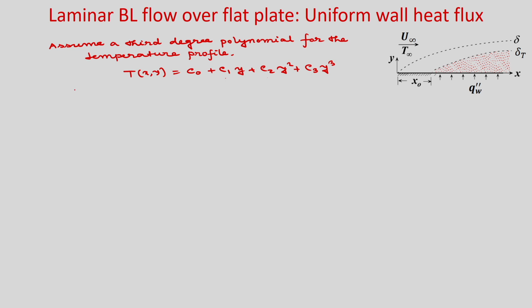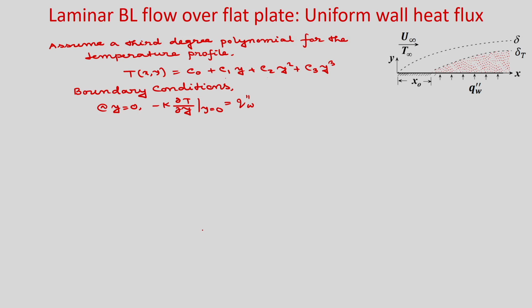So, now we have boundary conditions. At y equal to 0, you can see your heat flux is given. So, you can write minus k del T by del y at y equal to 0 is equal to q double prime w.